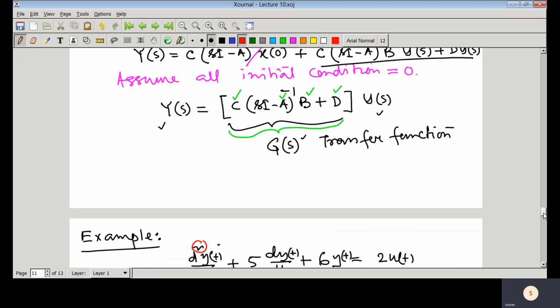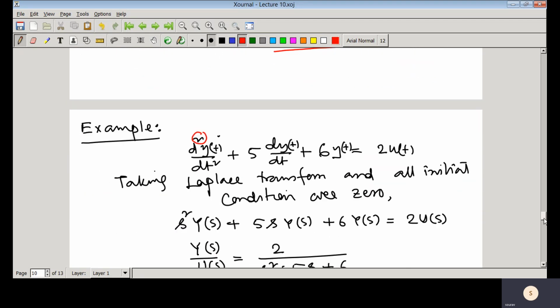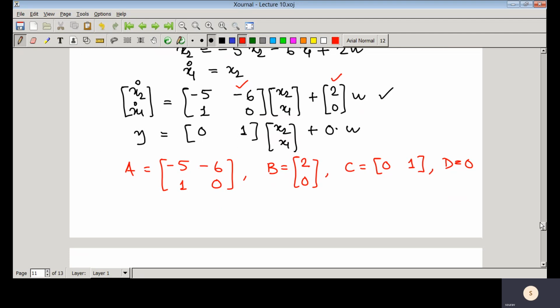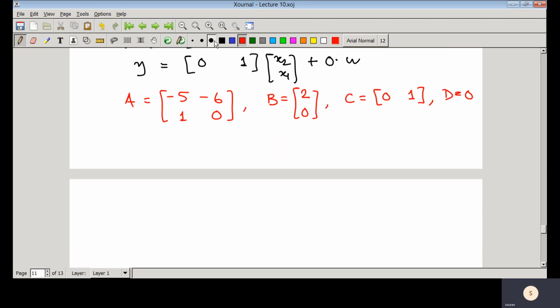As we have seen, whenever we have the state space representation, that means we have A, B, C, D matrices, directly just by applying this formula we can find the transfer function. So let us see that G(s) equal to C (sI minus A) inverse B plus D. So first we find that term.